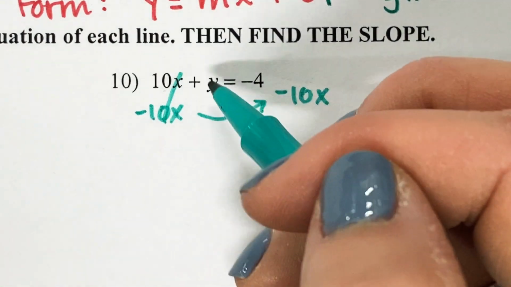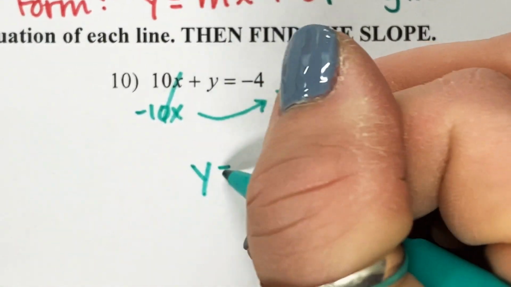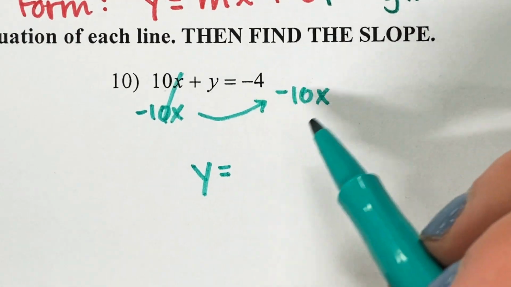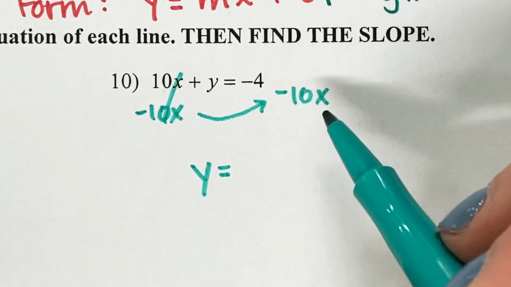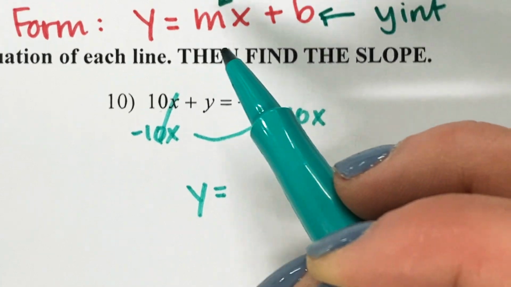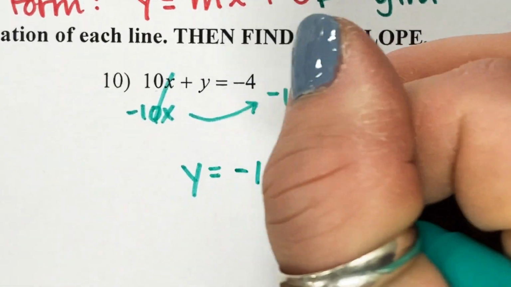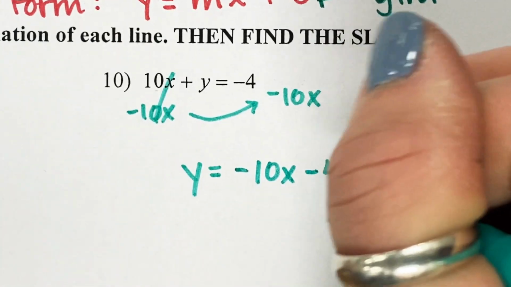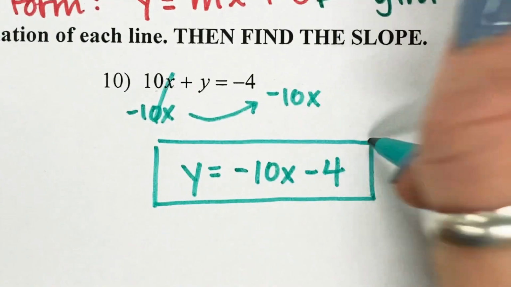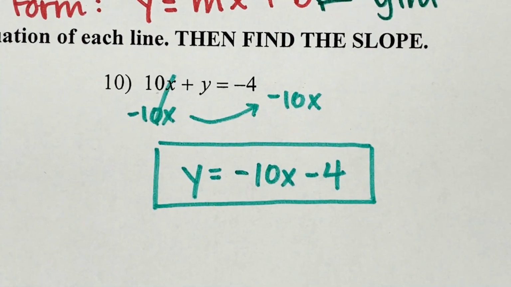Okay, so now I'm left with just a positive y, which is just y. Beautiful. Y is all by itself. Which one do I need to write first? The one with the x or the one without the x? The one with the x. Okay, so I'm going to write negative 10x and the minus 4 that was already over there. And there is our equation in slope-intercept form.